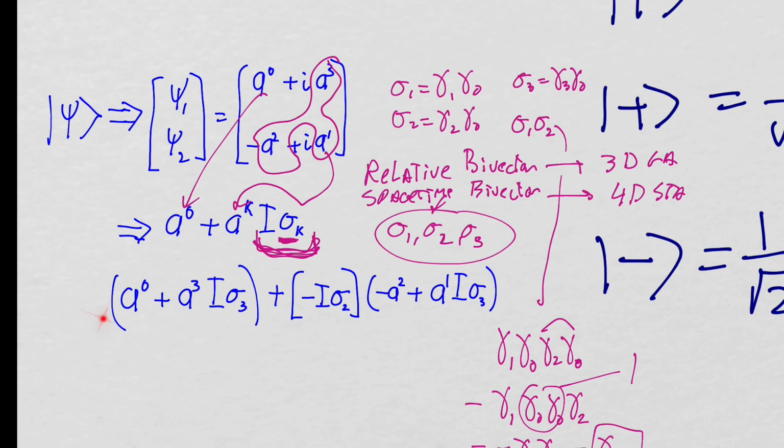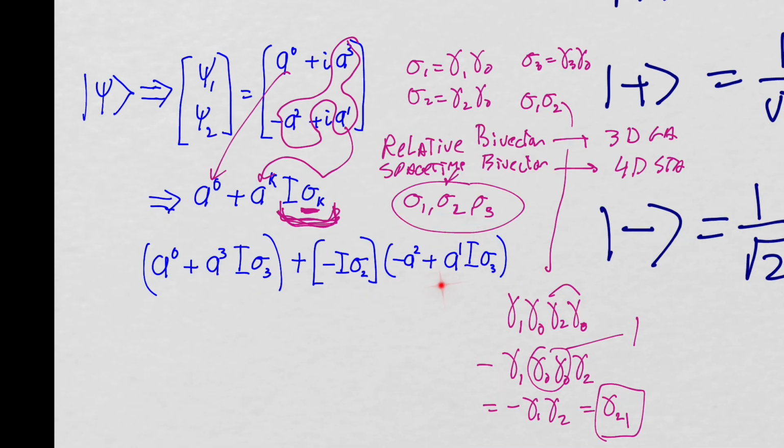And I didn't do this last time, but you can actually break this down if you take A0, A3, I1. That's sort of the psi 1 piece. And then if you go minus I sigma 2 times A2, A1 sigma 3? Hold on. Oh, no, that's right. A1 sigma 3.